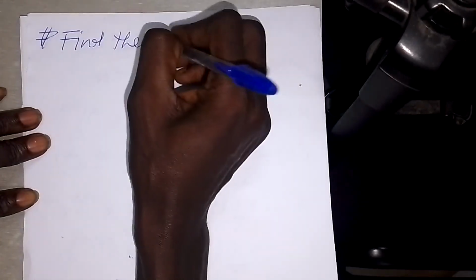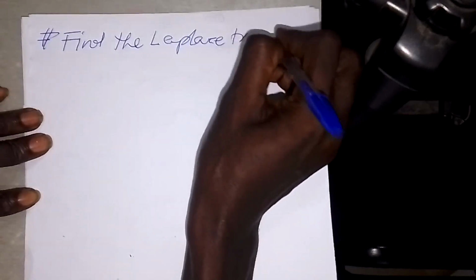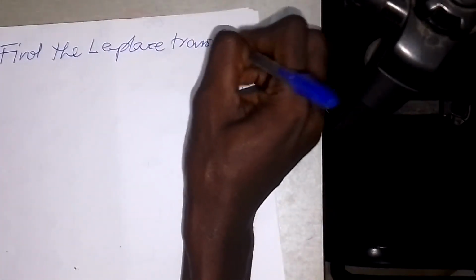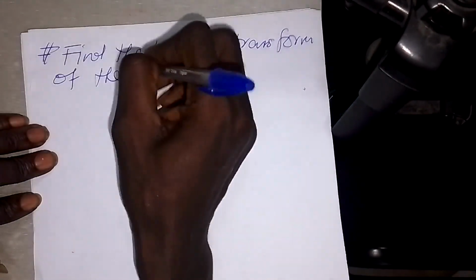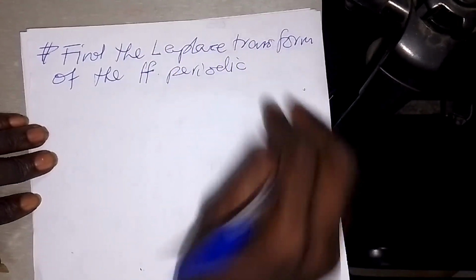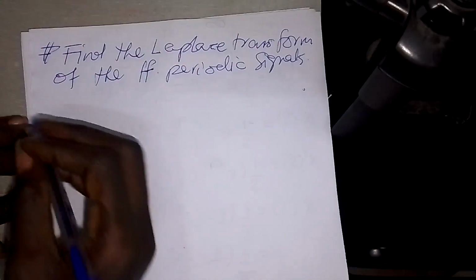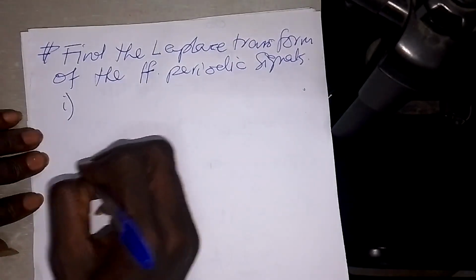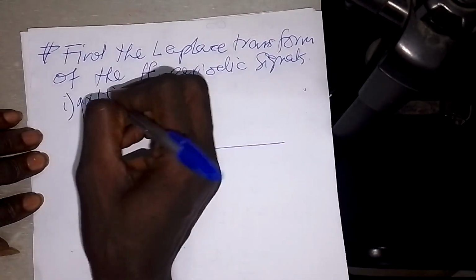So now just find the Laplace transform of the following periodic signals. This is I. X of t.